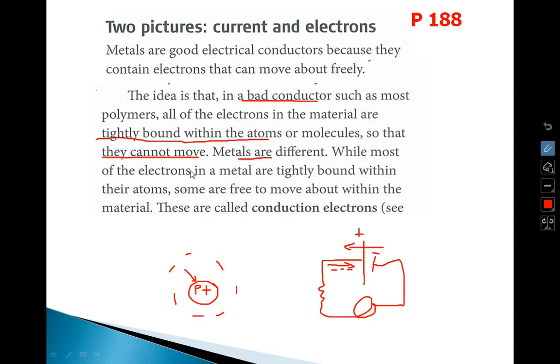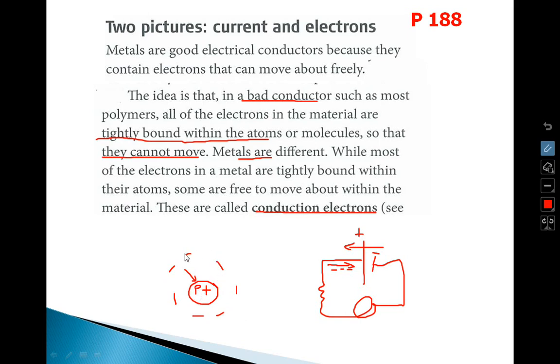Some electrons in a metal are free to move about within the material, and are not connected very well with the protons.